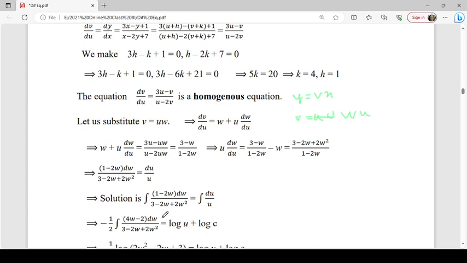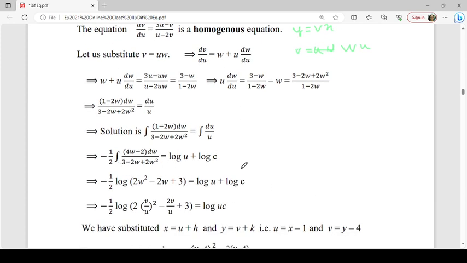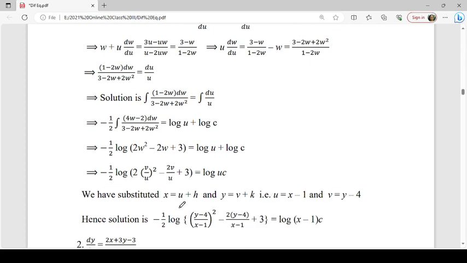So the variables are separated, in terms of u and w. So our solution is this log of this. Now in place of w we write v by u. Then we get this in terms of u and v. The equation is in terms of u and v, but we have to write it in terms of x and y. So our substitution is u is equal to x minus 1, because the solution of h is 1, and the solution of k is 4.